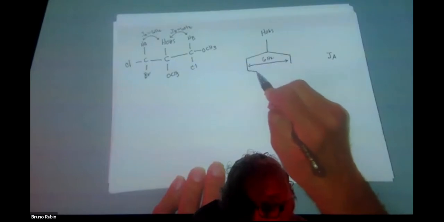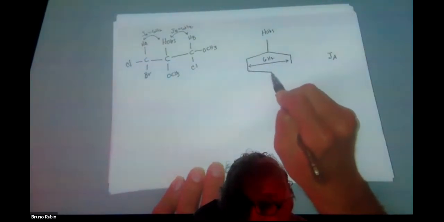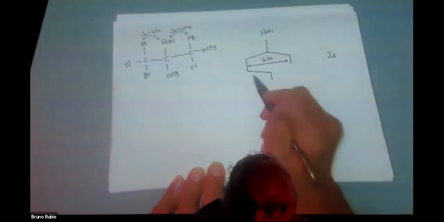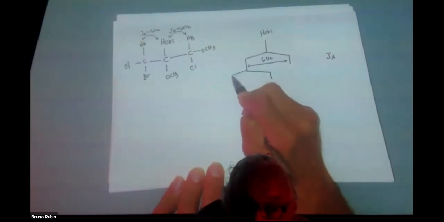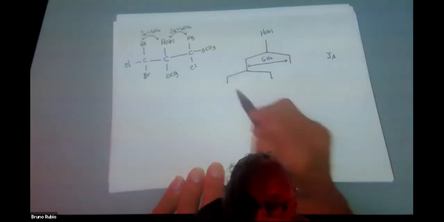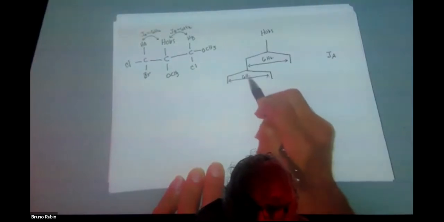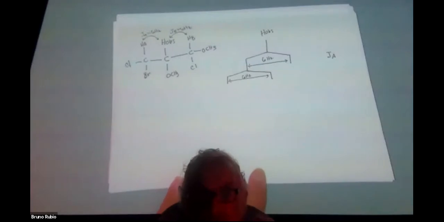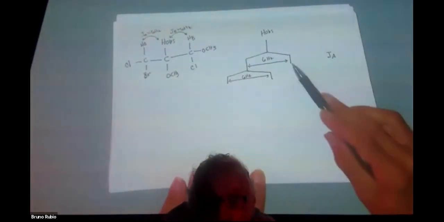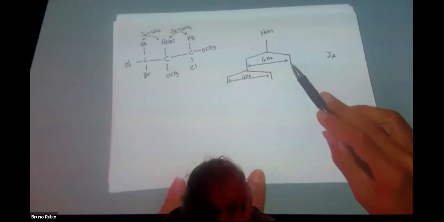So that means I go out 3 in this direction. I go out 3 in this direction. Boom. I go out 3 in this direction. Boom. Right? This is 6 hertz. Okay, now I'm going to split this other signal into a little doublet of its own as well.